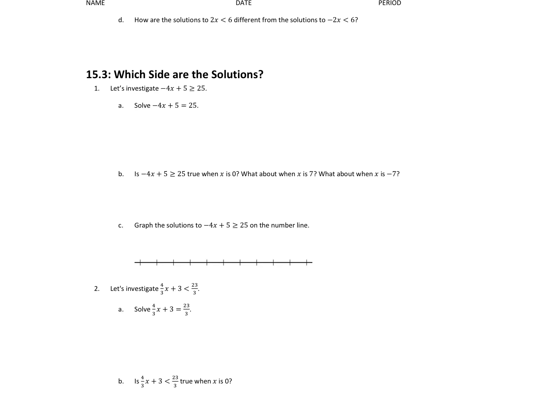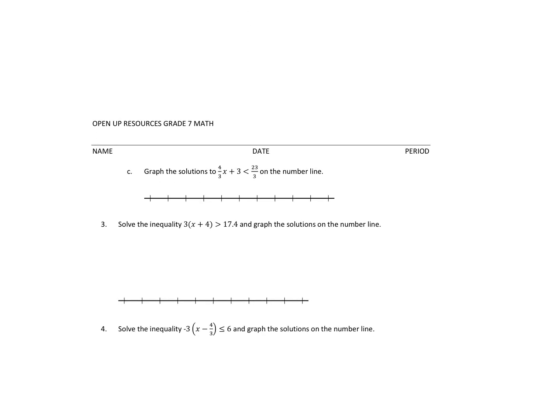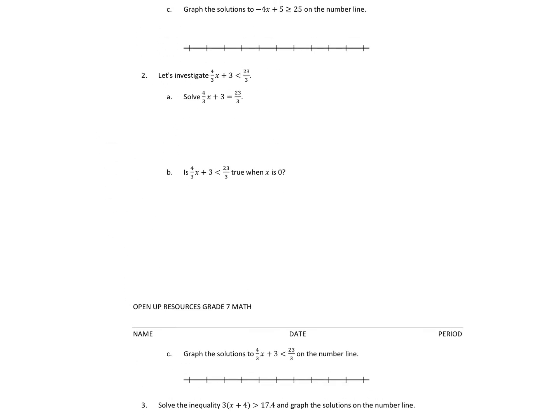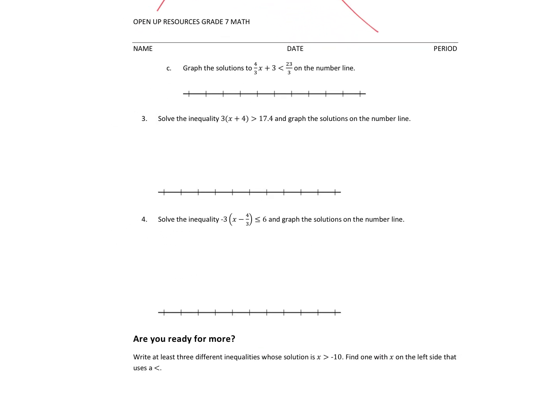So I want you to go ahead and do number 1 on your own, so pause the video. We're skipping number 2. And then I want you to continue on to number 3 and 4. So you're doing questions 1, 3, and 4 for this activity. So go ahead, pause the video, and work on that.